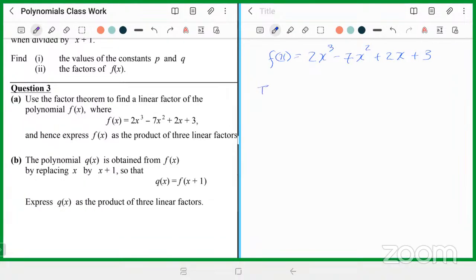So if we try 1, then f of 1 is 2 minus 7 plus 2 plus 3, which is equal to 0. So that works. And if we try 3, you're saying positive 3 works as well.